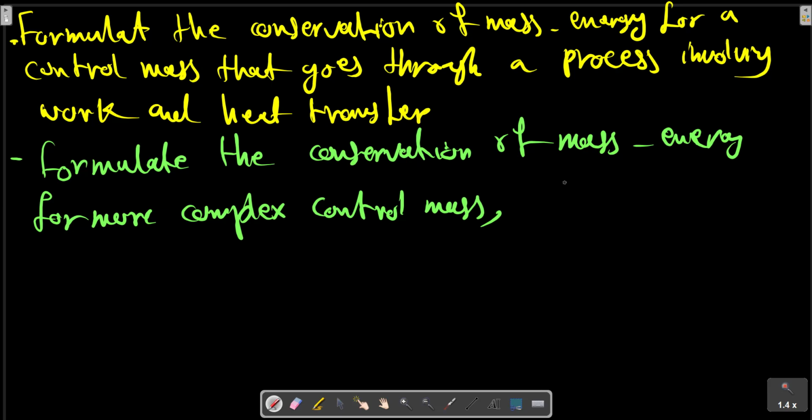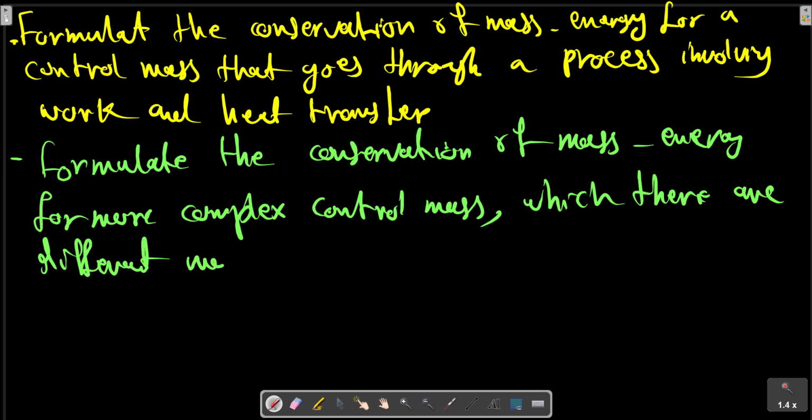There are different masses and different states, and use the energy equation in a rate form.